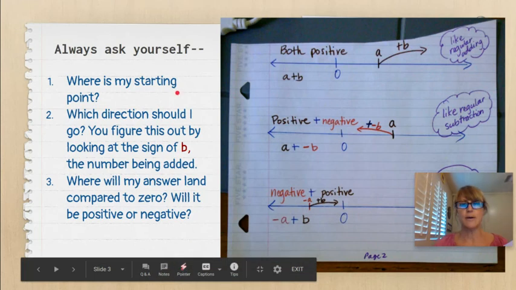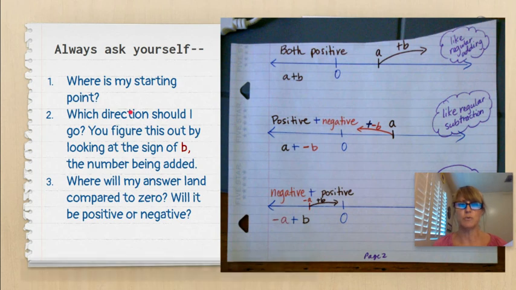Okay, so again, you want to ask yourself these questions. Where is my starting point? So if you're adding two positive numbers, you start at A and you're adding a positive B, you're going to go to the right on the number line. It's going to get more positive. It's like regular adding. If you're starting with A and A is a positive number and you're adding a negative number, you're going to go left.